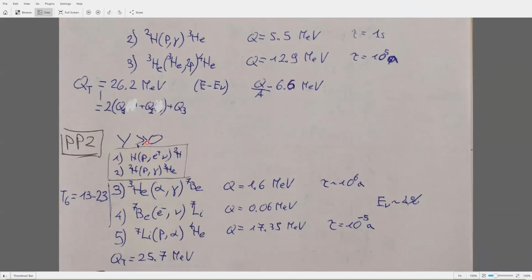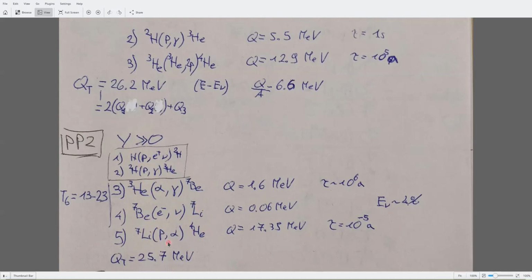PP2 is essentially like PP1 at the start, but then helium-3 fuses with a helium-4 and produces this reaction with beryllium, then lithium. The lithium takes a proton and produces two helium-4. So at the end, the production is just helium-4. The beryllium and the lithium here are produced but quickly destroyed.